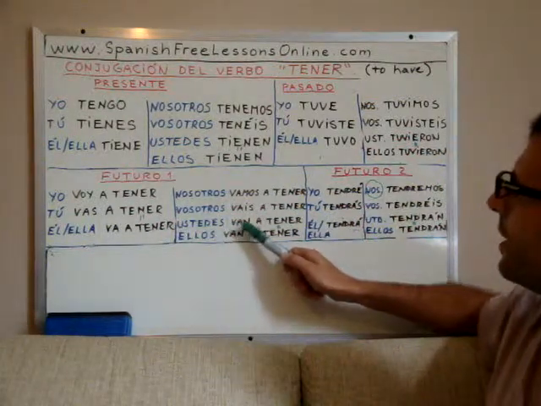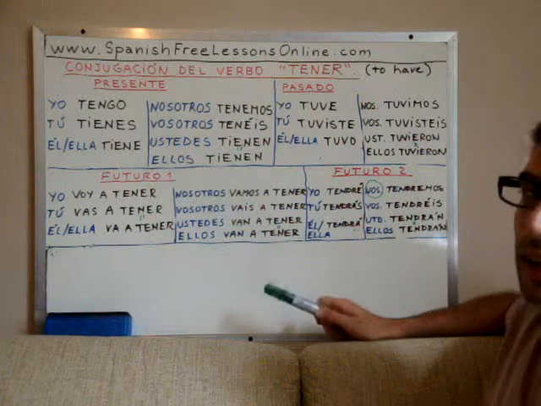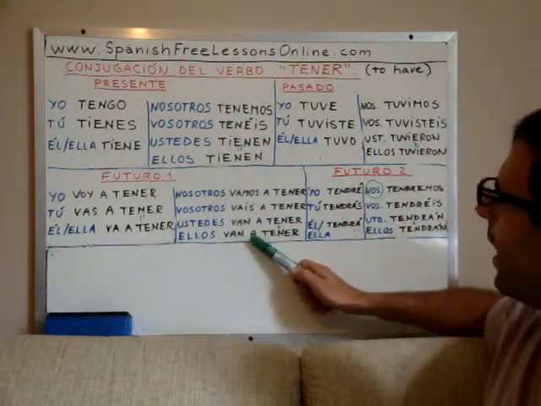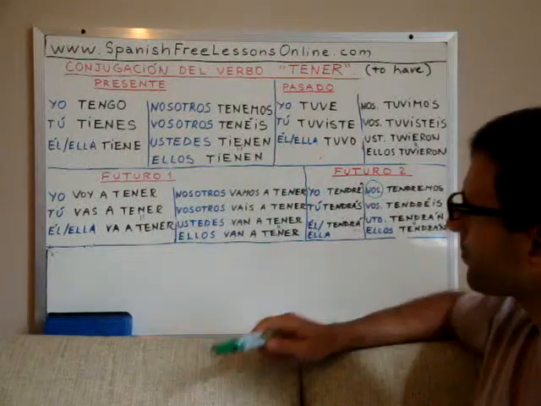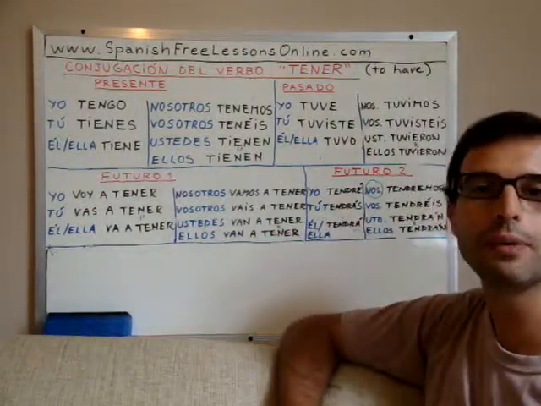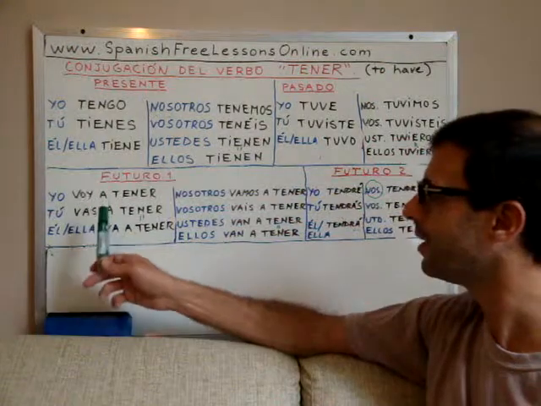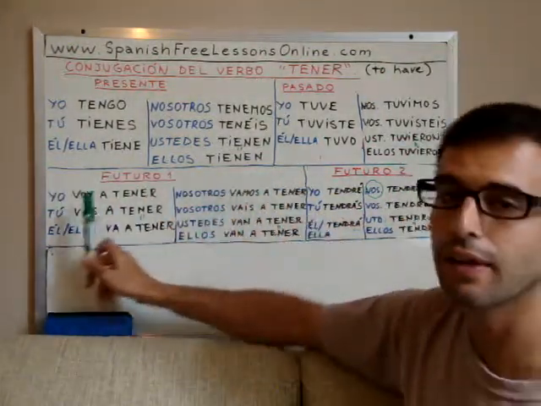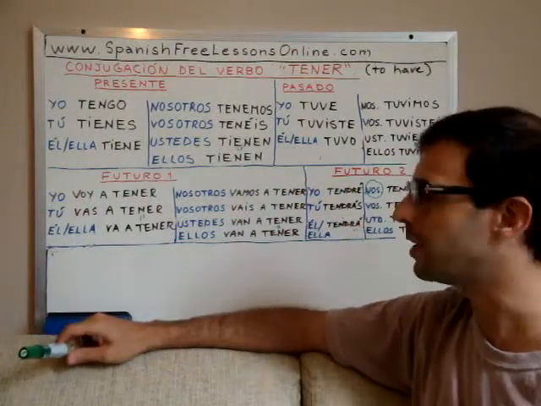Ustedes van a tener, and ellos van a tener. See how simple, how easy it is to conjugate in the future using this form, right? It's as easy as it is in English, right?